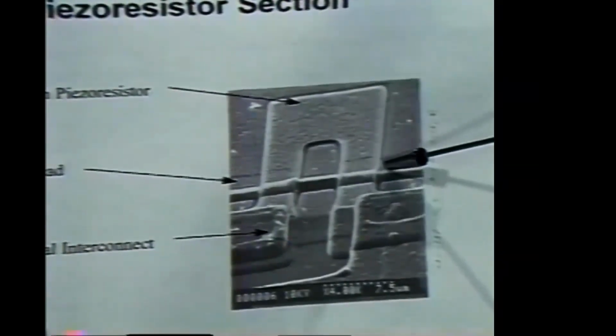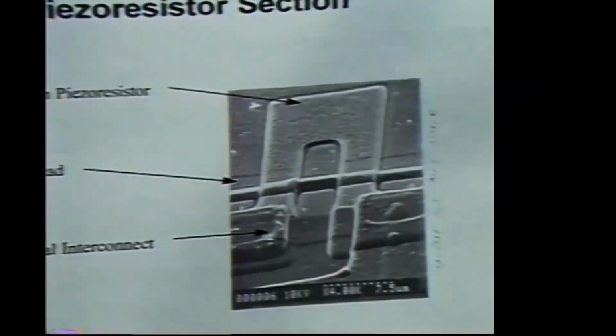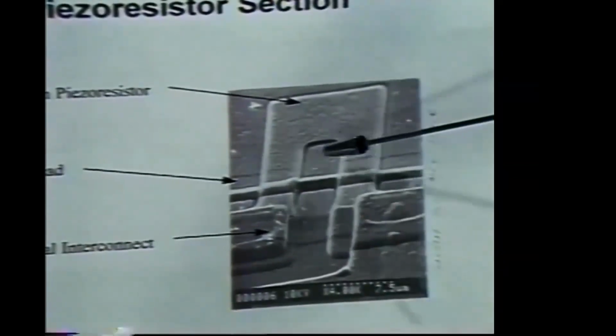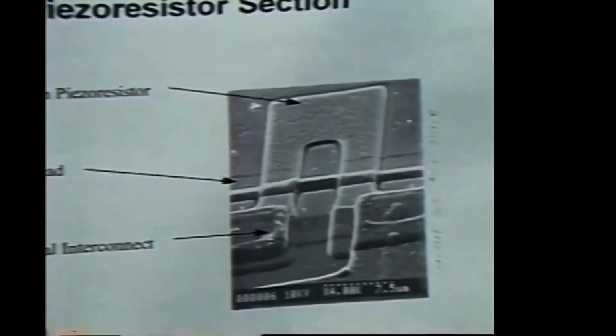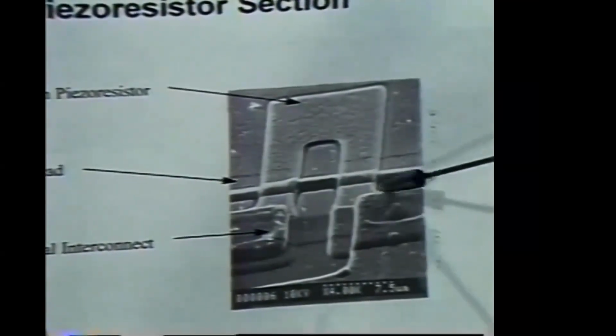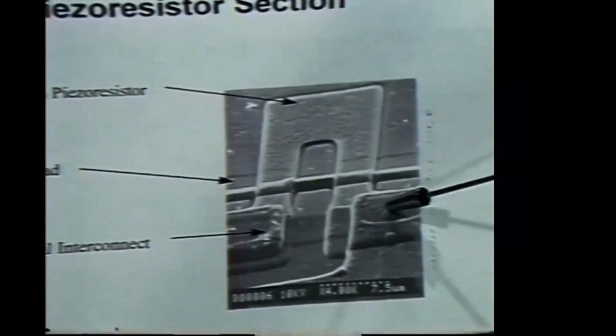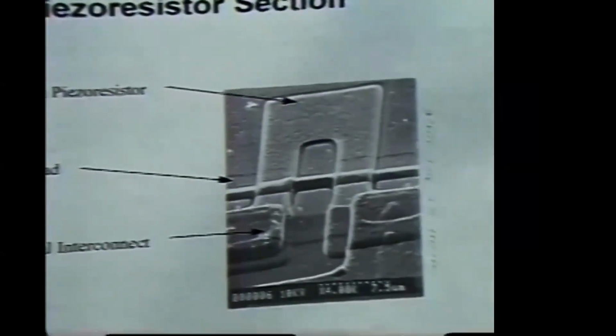You can also see, if you look closely, that there is a dielectric between the piezoresistor and the sensing element. On the mid portion of the picture and toward the bottom, you can see again this channel-like structure that is what I called the bird's head earlier, as well as the contact points between the aluminum and the polysilicon.